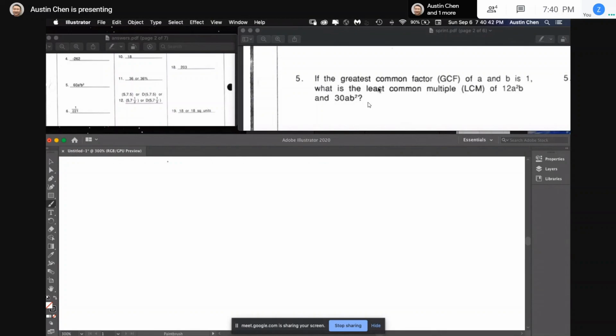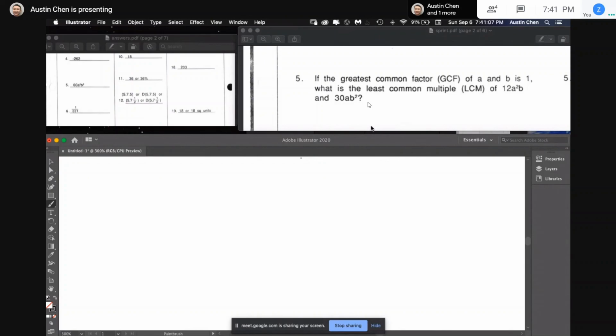You can just assume the values of A and B to where it makes that statement true, and then you can do the rest of it. That's just a cheesy way, and you can get away with that on MATHCOUNTS, because they just want you to find the value, right?